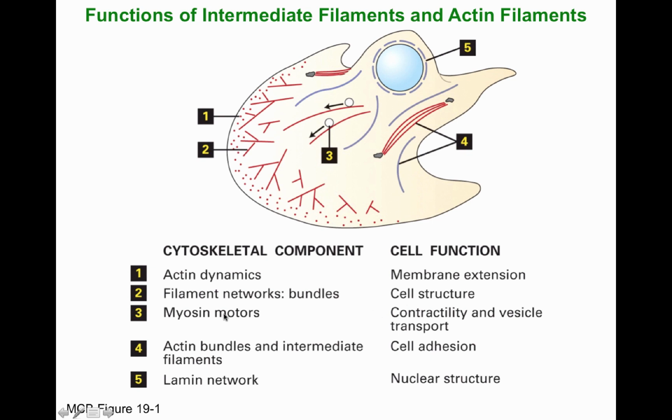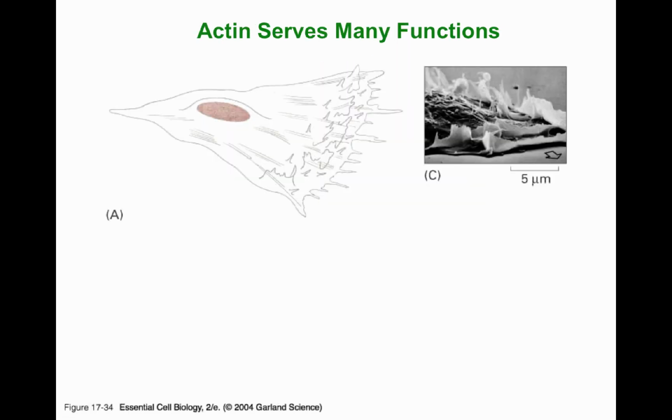The myosin motors help in contracting and vesicle transport, so contracting the membrane, for example, at the lagging end, or also helping to move vesicles across. The actin bundles and the intermediate filaments could play a role in cell adhesion, and the lamin network around the nucleus plays a role in nuclear structure.